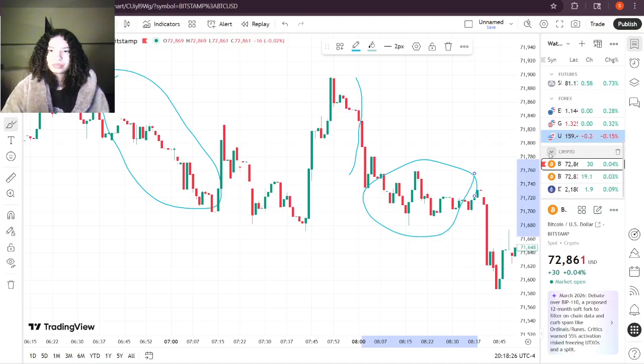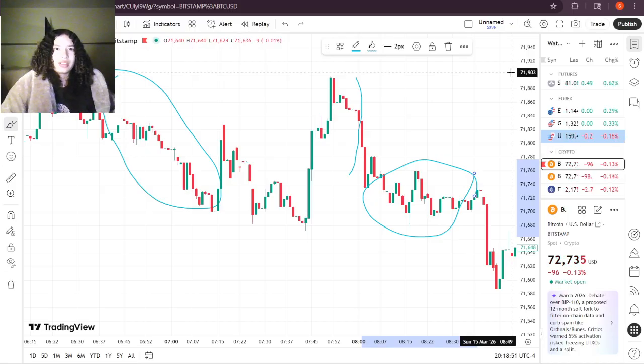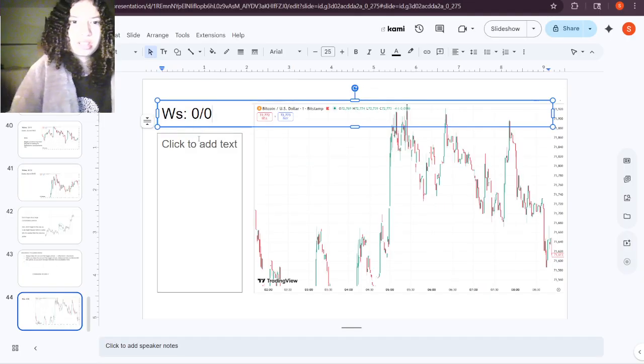So the 9 a.m. market, it's gonna stir a bit, brief up spike, and then down. And I think by the end of it, 71,500, it'll be below 71,000.